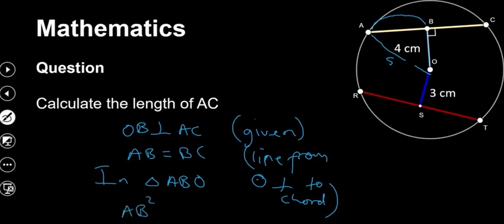I will then say that AB squared is equal to 5 squared minus 4 squared. Remember, it's the theorem of Pythagoras, and this will be 5 squared, we know that is 25, minus 4 squared will be 16, and then 25 minus 16 we know is 9.